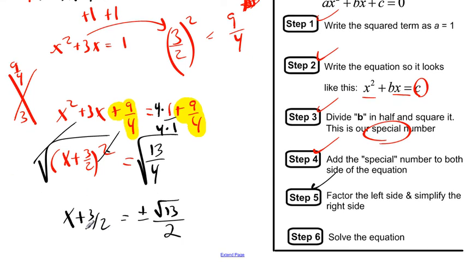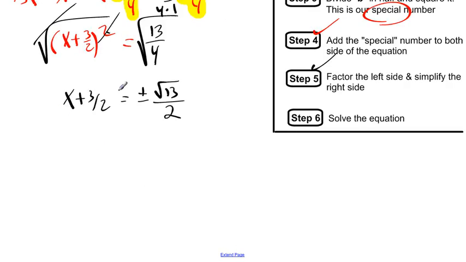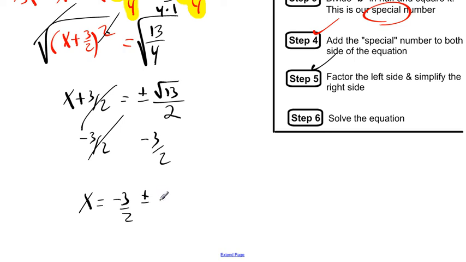Then we're going to subtract 3 halves from both sides because I want to solve for x. So the 3 halves cross out, and x equals, we always put the constant number first, negative 3 halves plus or minus radical 13 over 2.